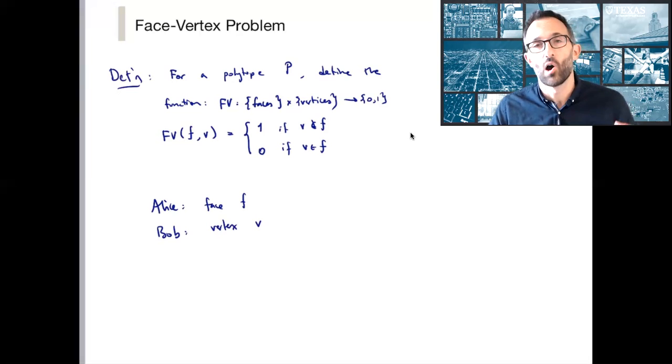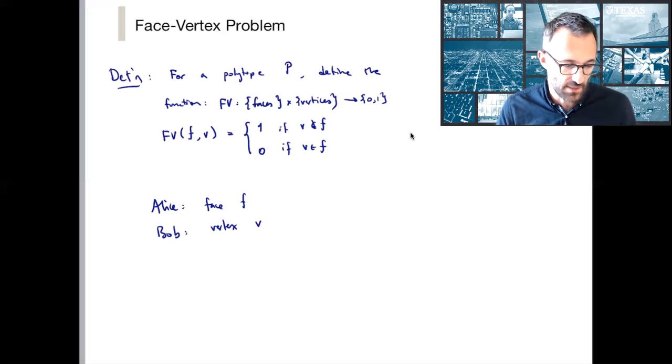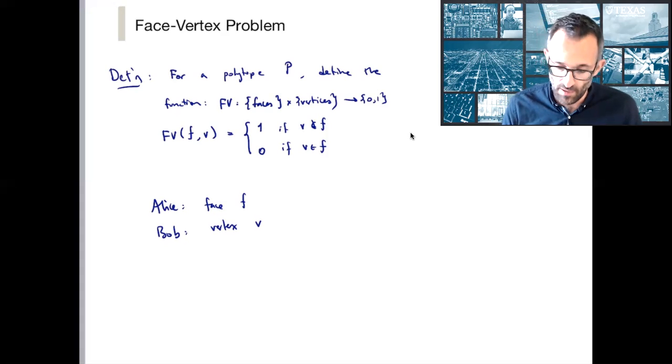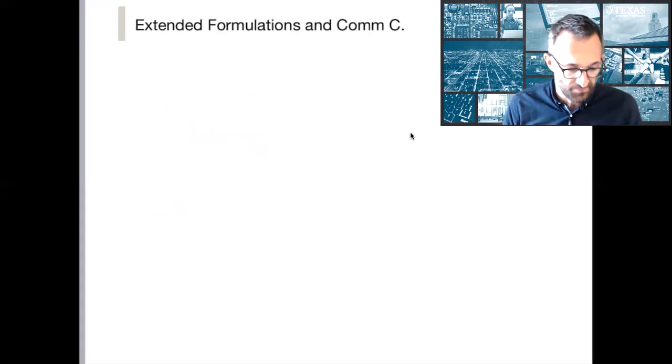In other words, our prover gives a proof or a hint that will allow Alice and Bob to either both accept or not the proof. So this is the basic problem that we're going to use, and we're going to show that it is linked to the complexity of an extended formulation in a very important way.